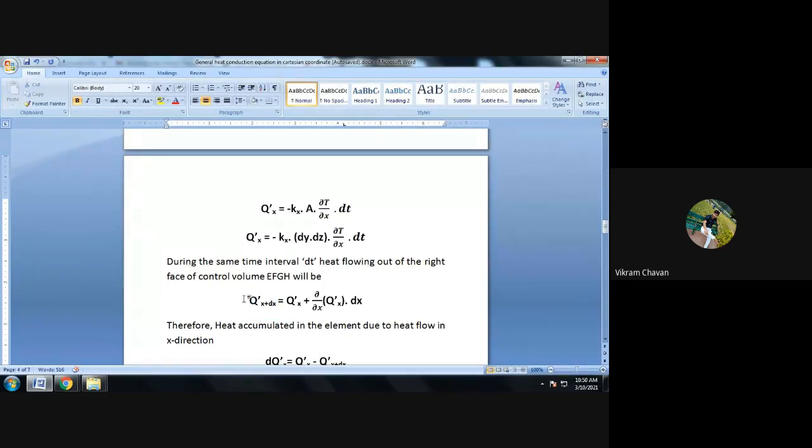This is the amount of heat flowing out of the element. Q dash suffix x is the amount of heat flowing inside the element.